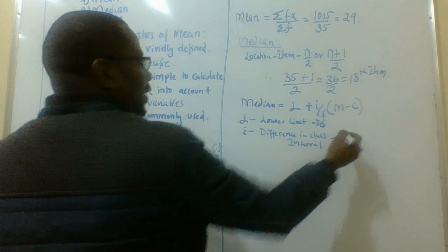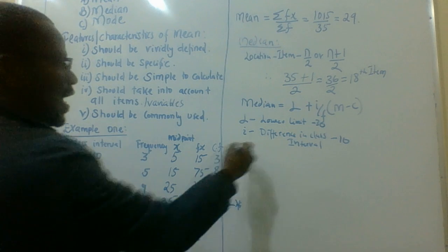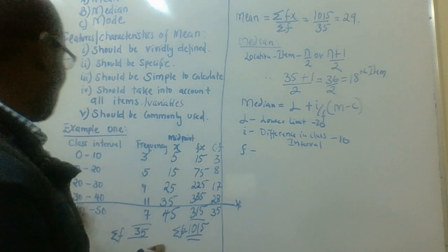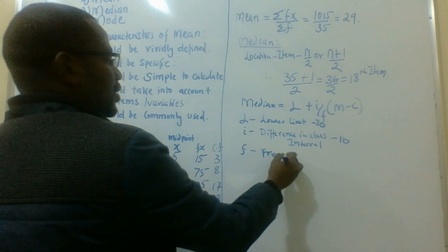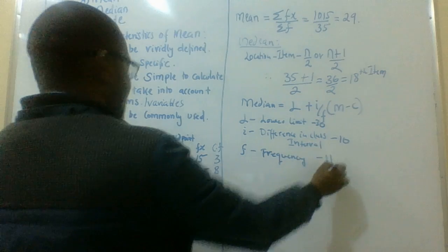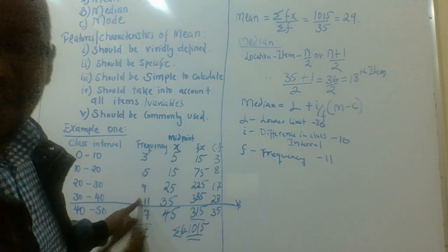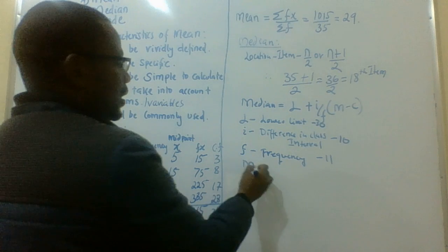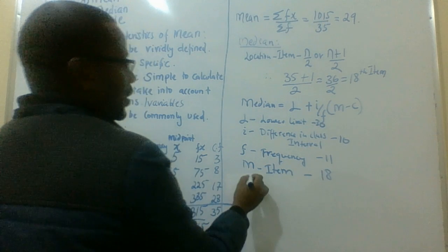Therefore, our i is 10. f is the underlying frequency, which is 11. n is the item that I calculated, which is 18.